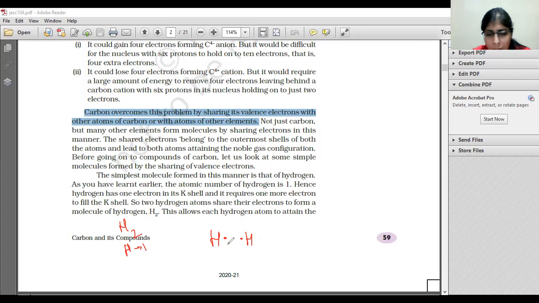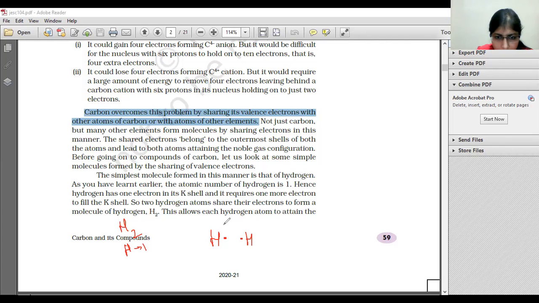Now how do they share? Hydrogen has 1 electron, the other hydrogen also has 1 electron. So what happens basically? They share. They share means the first hydrogen gives an electron to the other hydrogen and the second hydrogen also gives an electron to the first hydrogen.